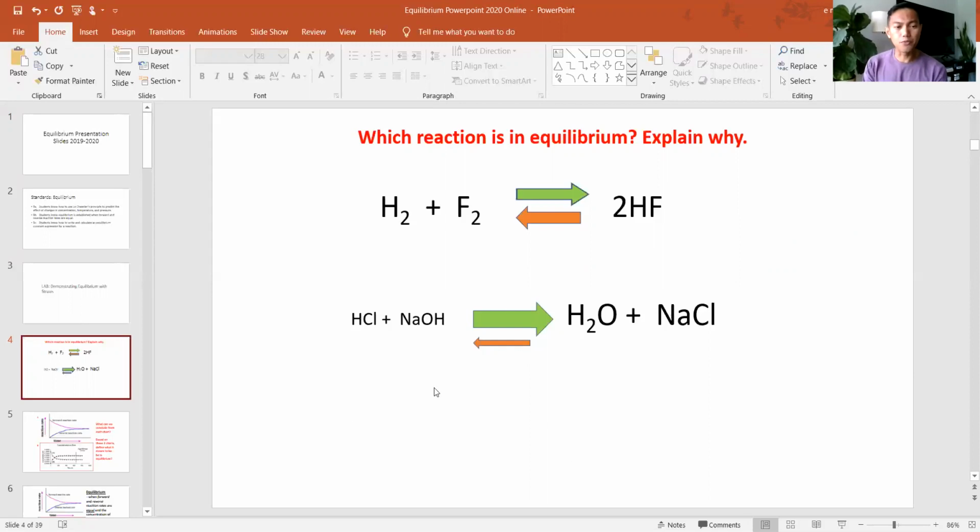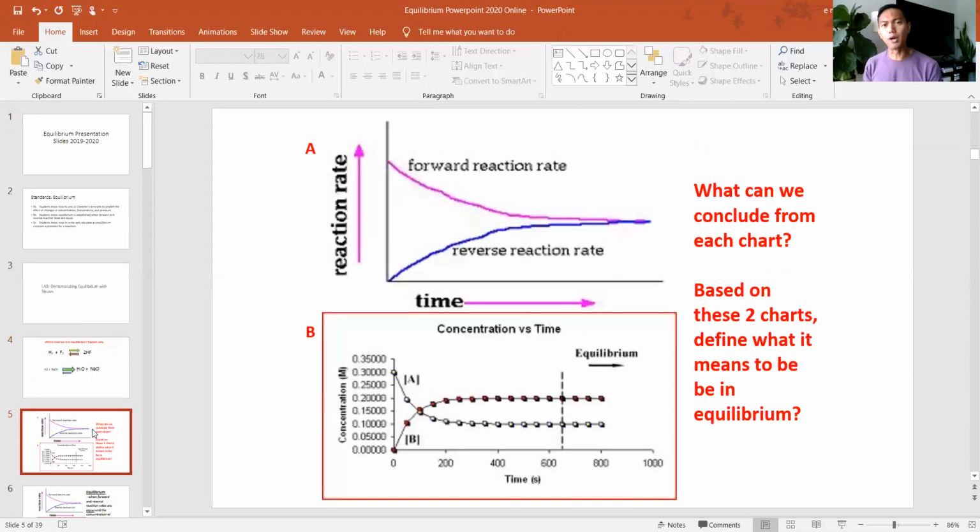The best way that we could define it is to use two different graphs to help us with the definition of equilibrium. The graph on top, let me annotate this, has a reaction rate on the y-axis, meaning how fast the reaction is, and time on the x-axis. In the beginning, the forward reaction, meaning reactants to products, has a big change.